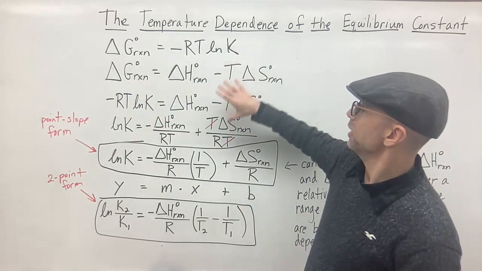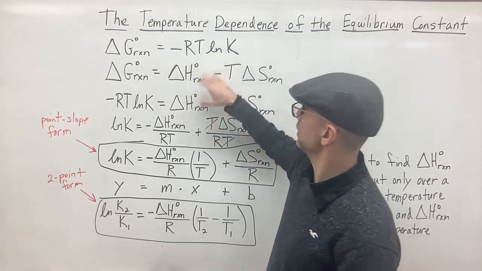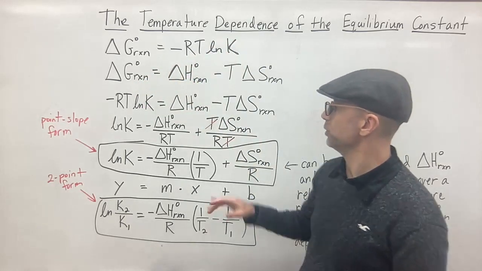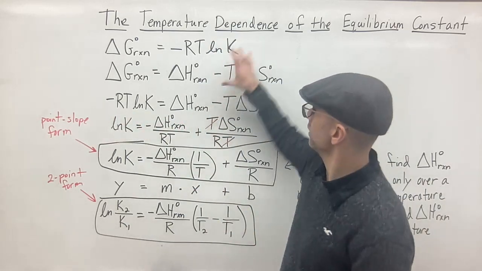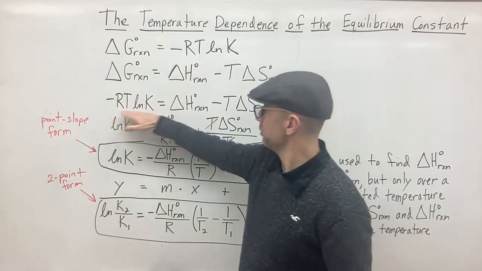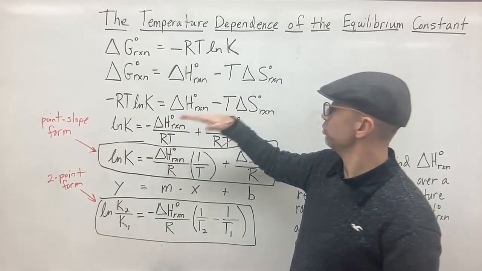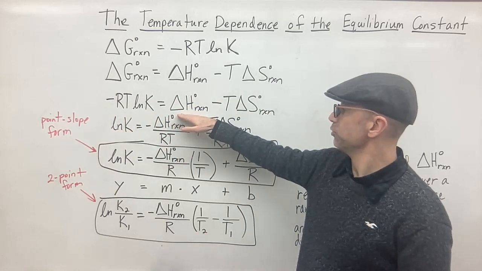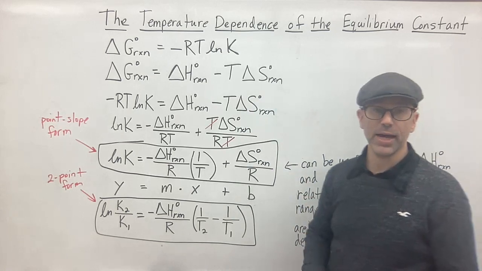So by logic, we can set those equal. So we have the negative RT ln of K is equal to the standard enthalpy change of reaction minus T delta S of the reaction.